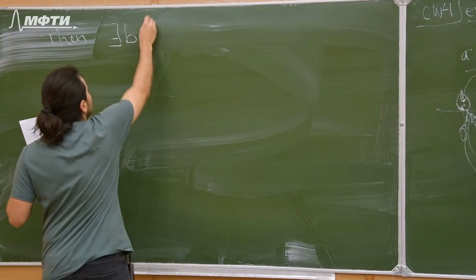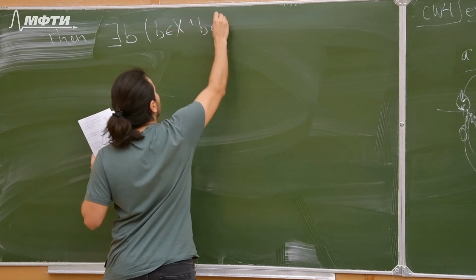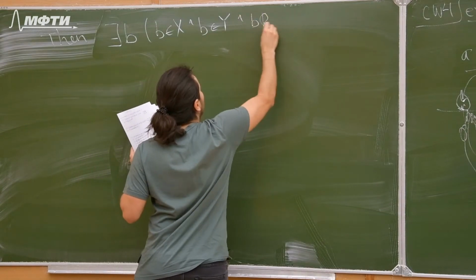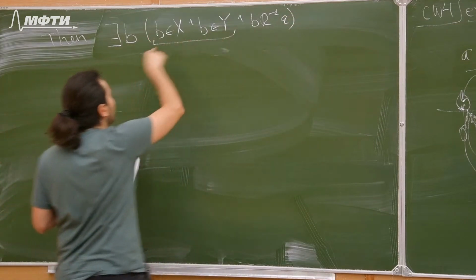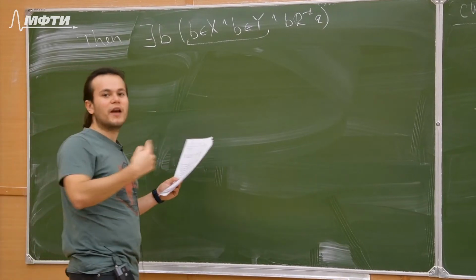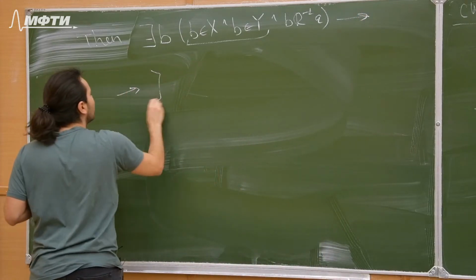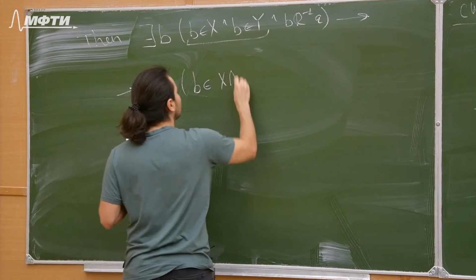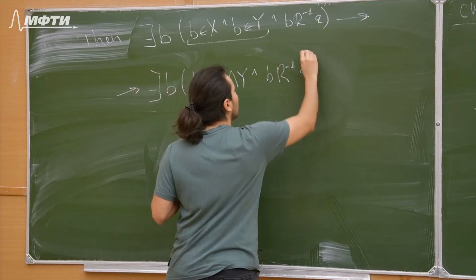So there exists some B such that B is an element of X and B is an element of Y, and B R⁻¹ A. So B is an element of X and B is an element of Y, which means that B is an element of the intersection of X and Y. Then we can write that there exists some B such that B is an element of the intersection of X and Y, and B R⁻¹ A.